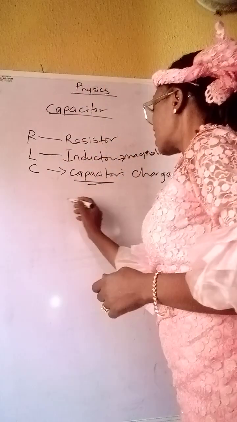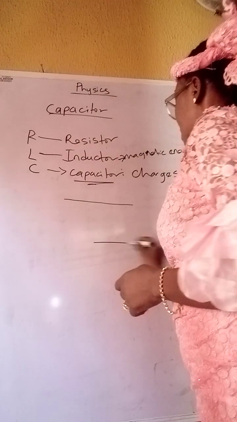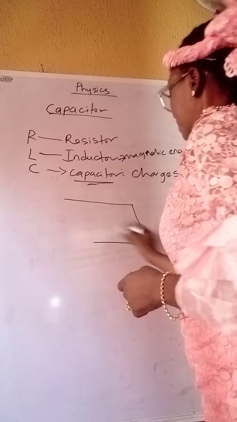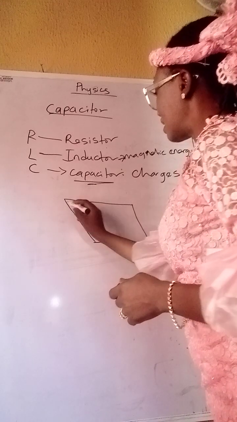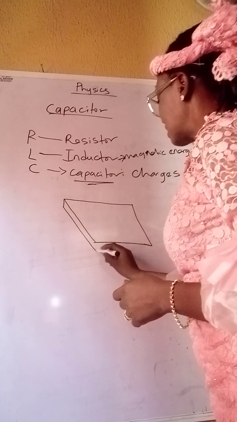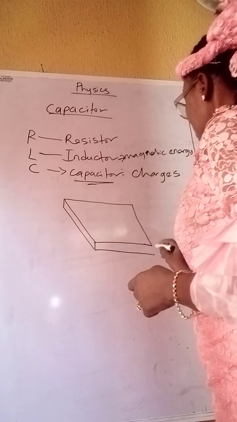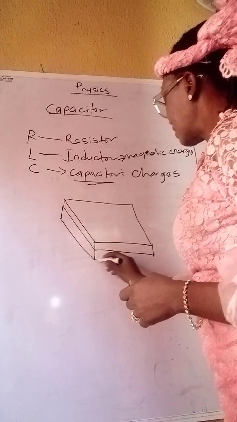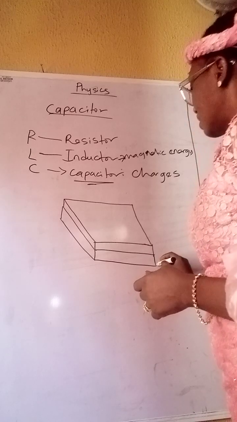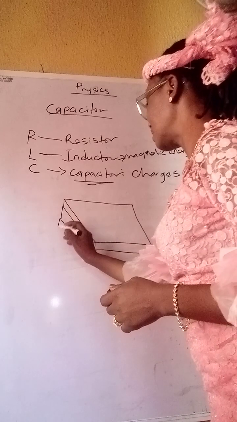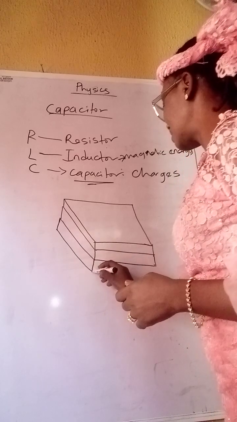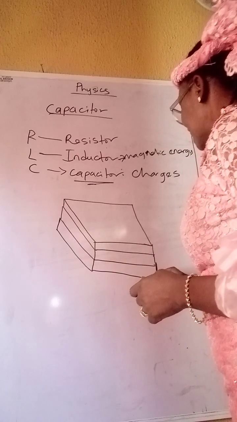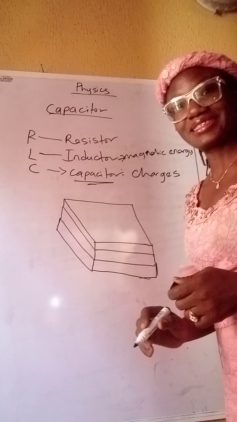If I'm to draw this, it looks like this. This is what a capacitor looks like. It has three layers. Can you see what I'm doing? I'm trying as much as I can to make it look 3D.